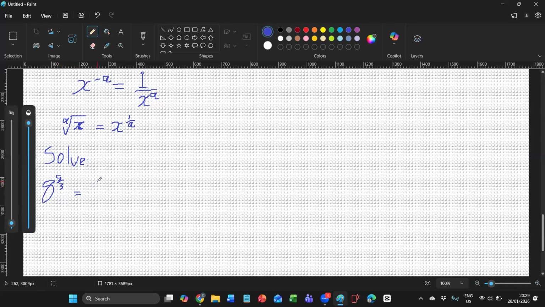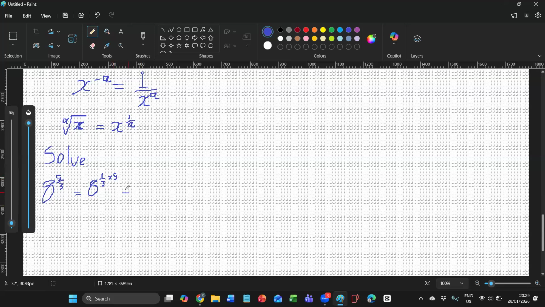So that means I can write this as 8 raised to the power of 1 over 3 times 5. It doesn't look like much has changed, right?